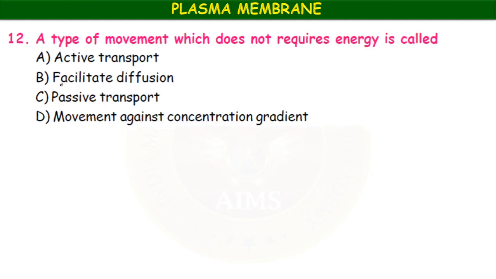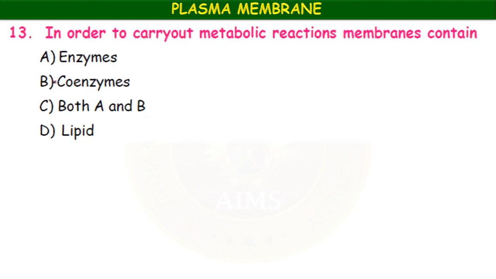A type of movement which does not require energy is called active transport, facilitated diffusion, passive transport, movement against concentration gradient. So it is facilitated diffusion which does not require any energy. In order to carry out the metabolic reactions, the membranes contain enzymes, coenzymes, both of them, or lipid.